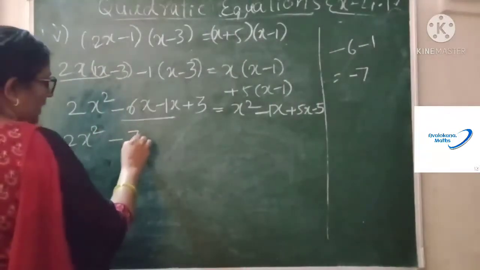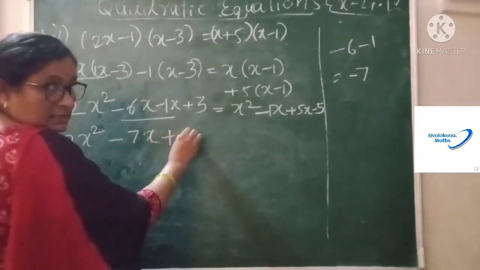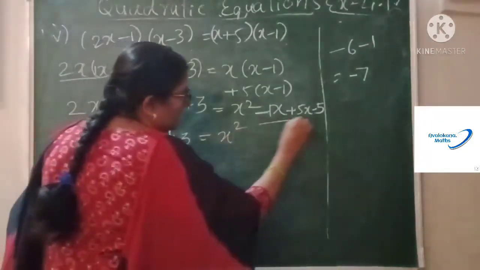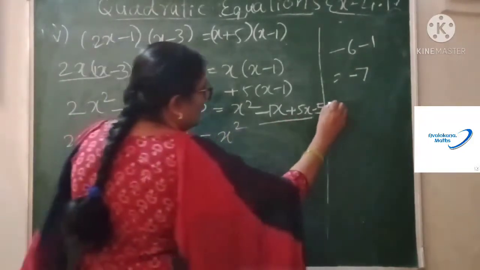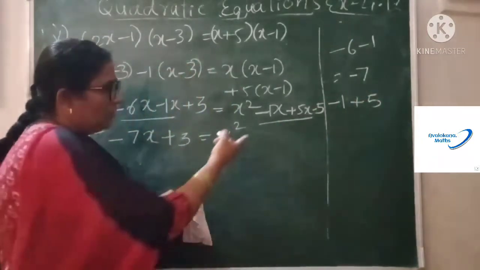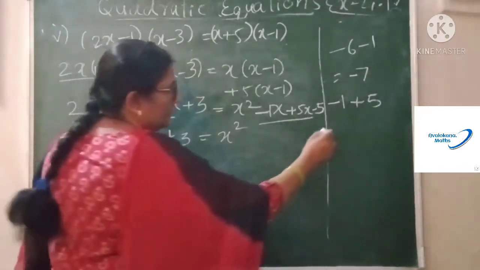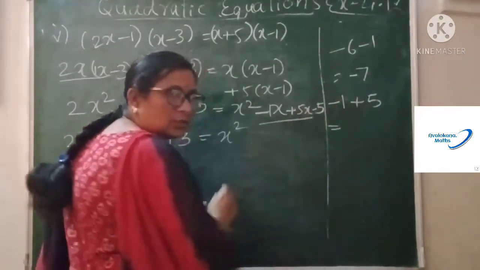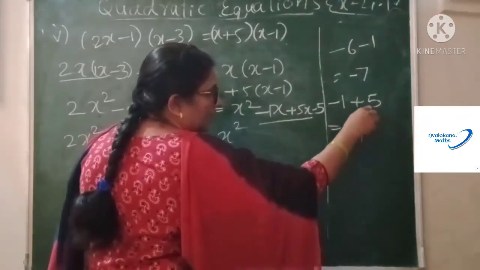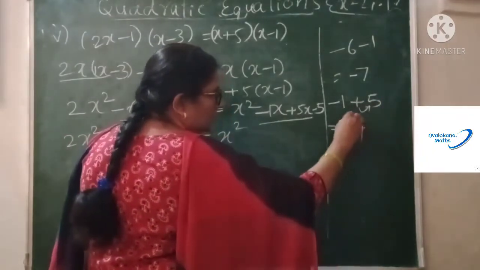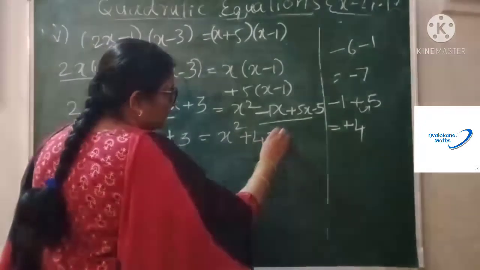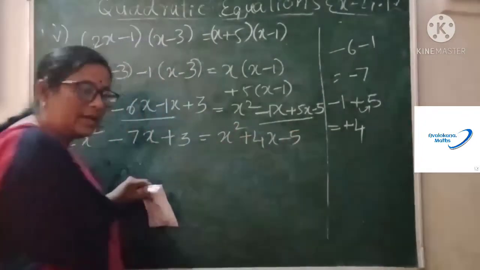So it is minus 7x plus 3 is equal to, now look at this one, x square. Here we can simplify. So what do you have here? Minus 1 plus 5. You also write this way so that you will not get confused. Okay, so 1 is negative and 1 is positive. That means you have to subtract 5 minus 1. It is 4. The bigger number has the plus sign. Your answer comes in terms of plus. So what do you get here? Plus 4x minus 5. Okay, children.